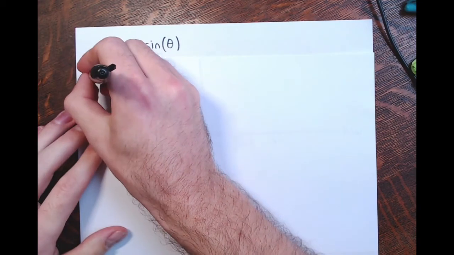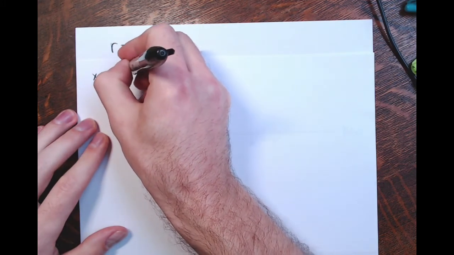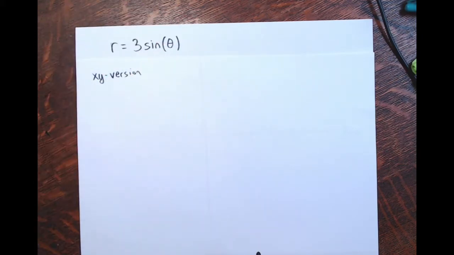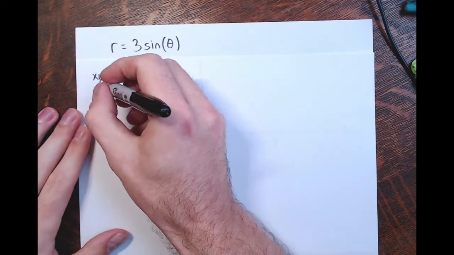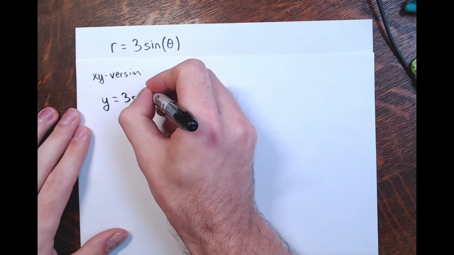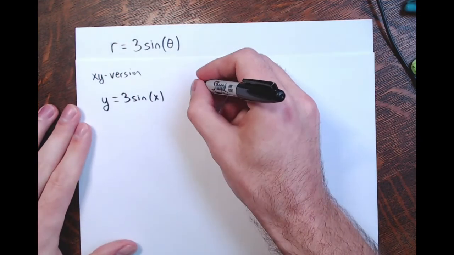Now this doesn't mean it's rectangular, okay? I'm not converting this to its rectangular form. I'm just changing r to y and theta to x. Okay, I'm looking at the graph of y equals 3 sine x.